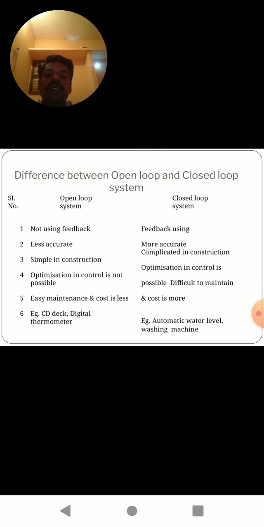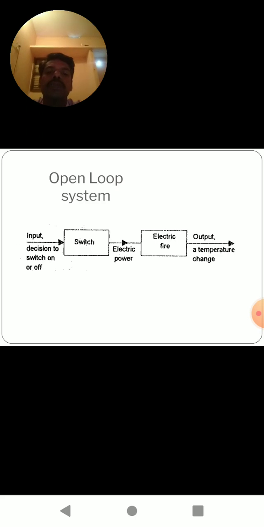Examples of open loop systems are the CD disk, digital thermometer, etc. Examples of closed loop systems are the automatic water level controller, washing machine, etc. Based on these examples, we will discuss further in an elaborate manner. Open loop system.